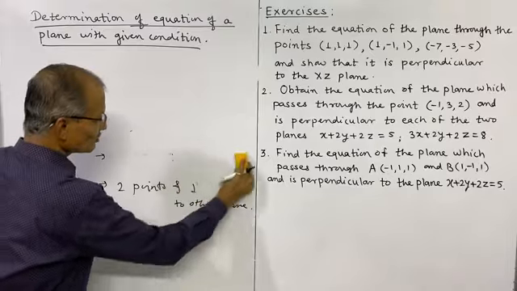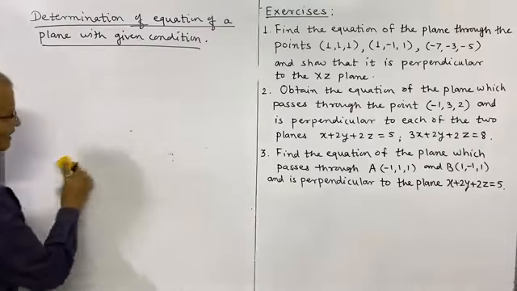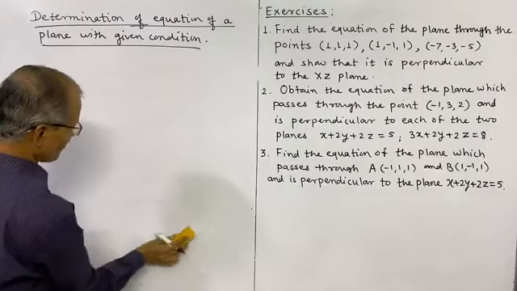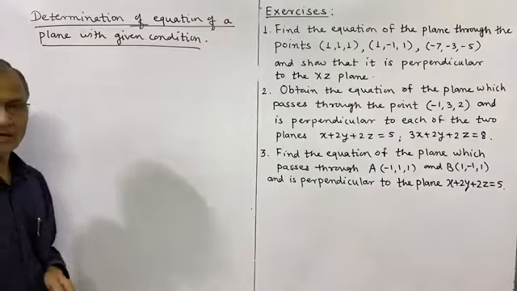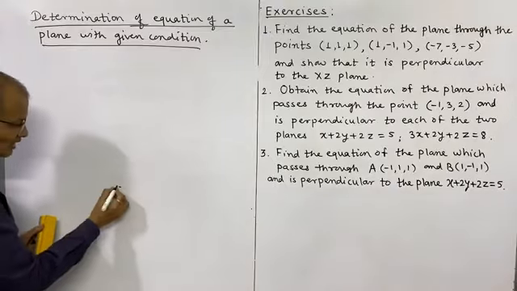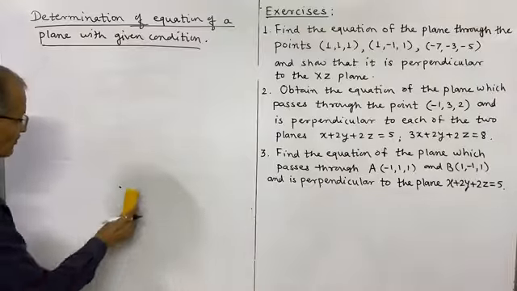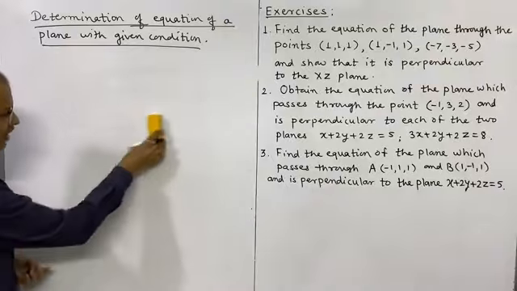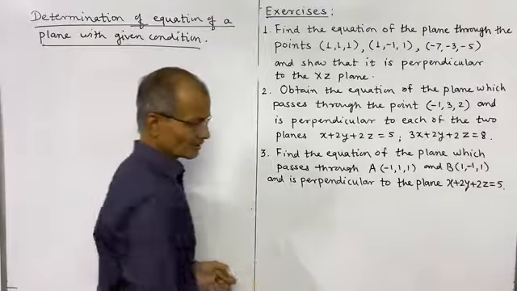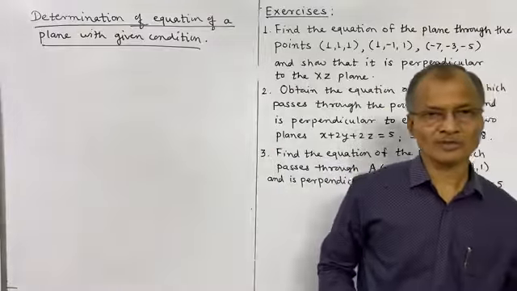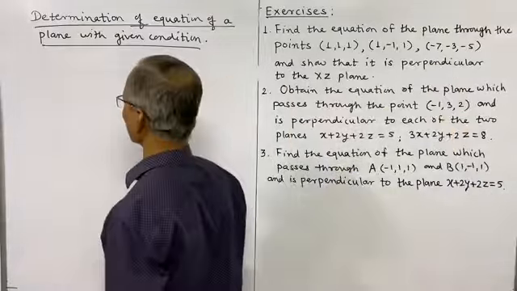And one thing we should note is how to write an equation of a plane passing through a point, and there will be infinitely many planes passing through this single point. So different planes will be passing through this point, but if the point has coordinates x1, y1, z1, then how to write the equation of a plane passing through that point.